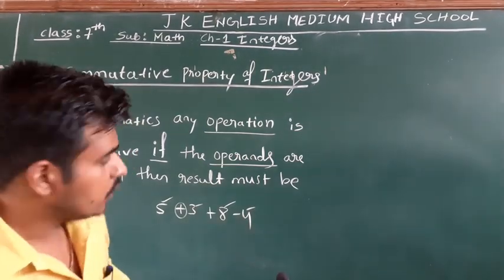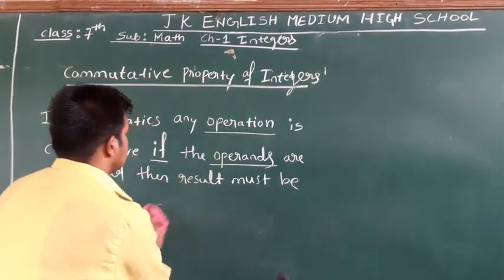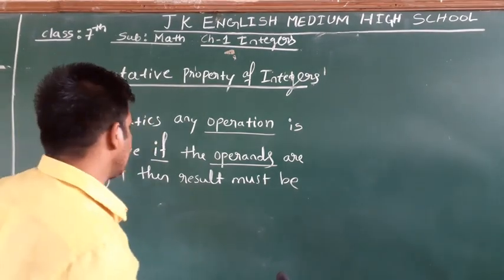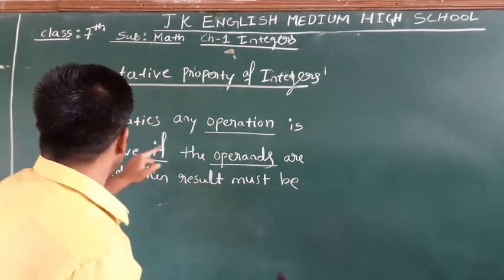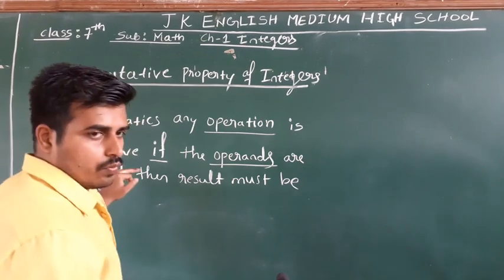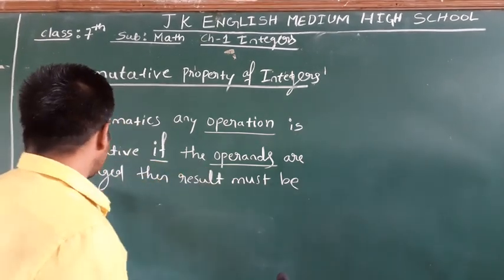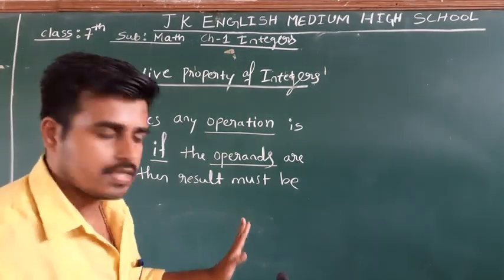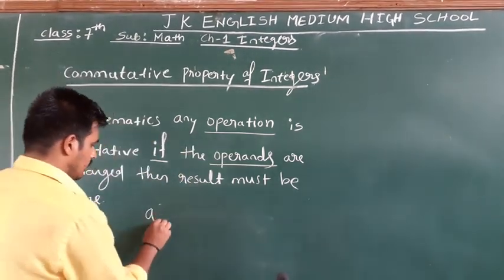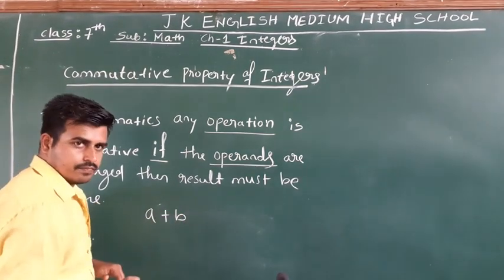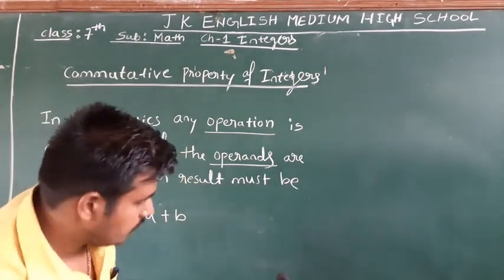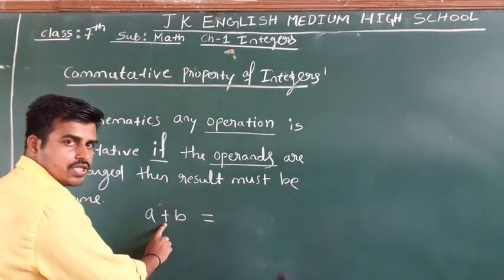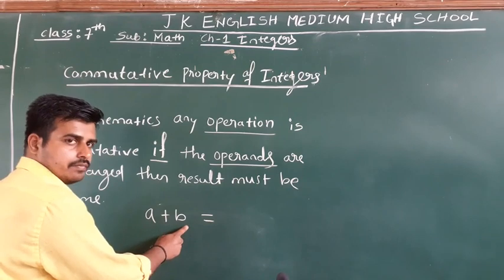So this is the statement of a commutative property. In general, what do you mean by commutative? In mathematics, any operation is commutative if the operands are exchanged, then the result must be the same. Suppose a plus b. The operation is addition here and the operands are a and b.